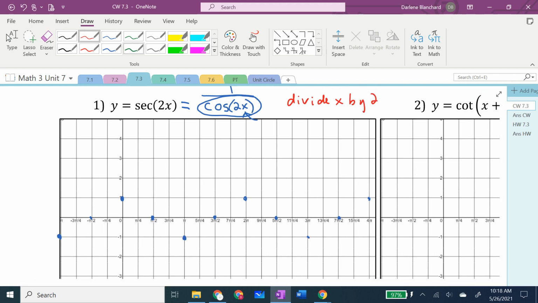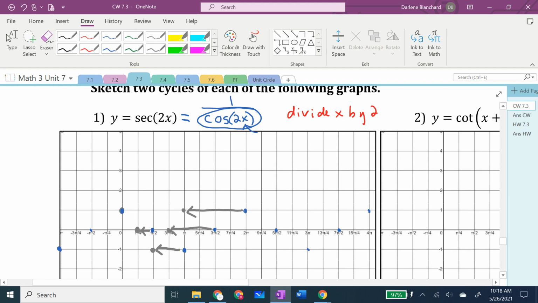That means 0 divided by 2 will still be 0, and each of these x coordinates is going to be cut in half. 3 pi over 2 cut in half takes me all the way over to here. 2 pi cut in half takes me all the way over to pi.